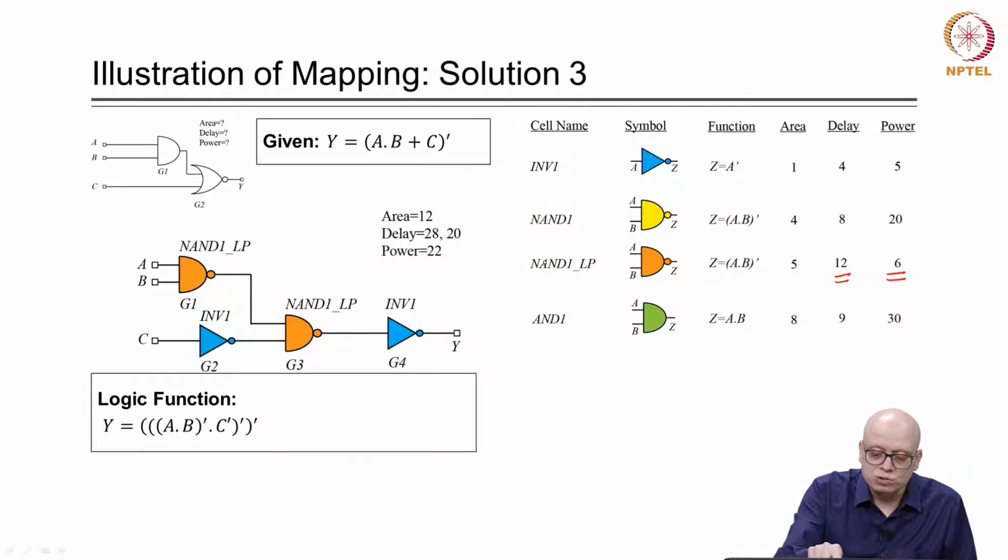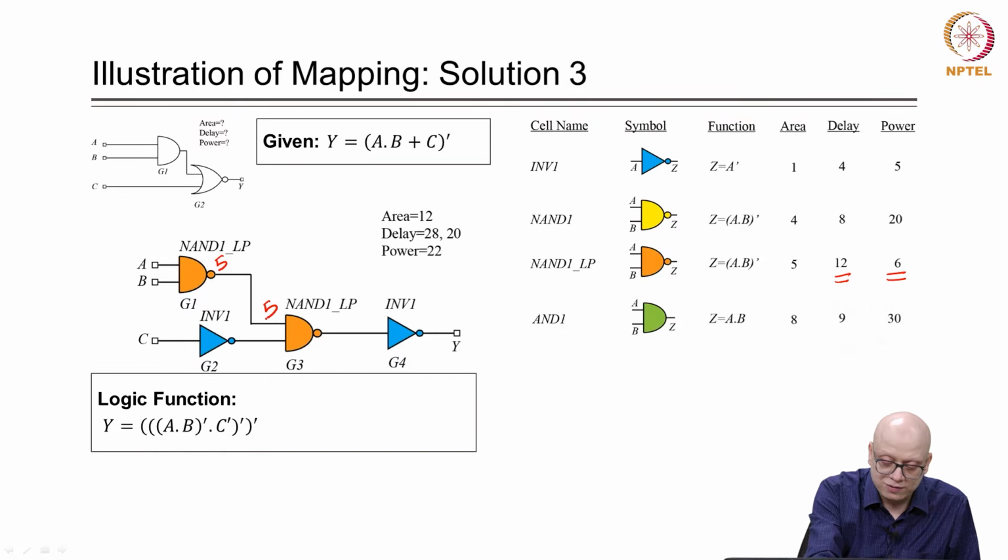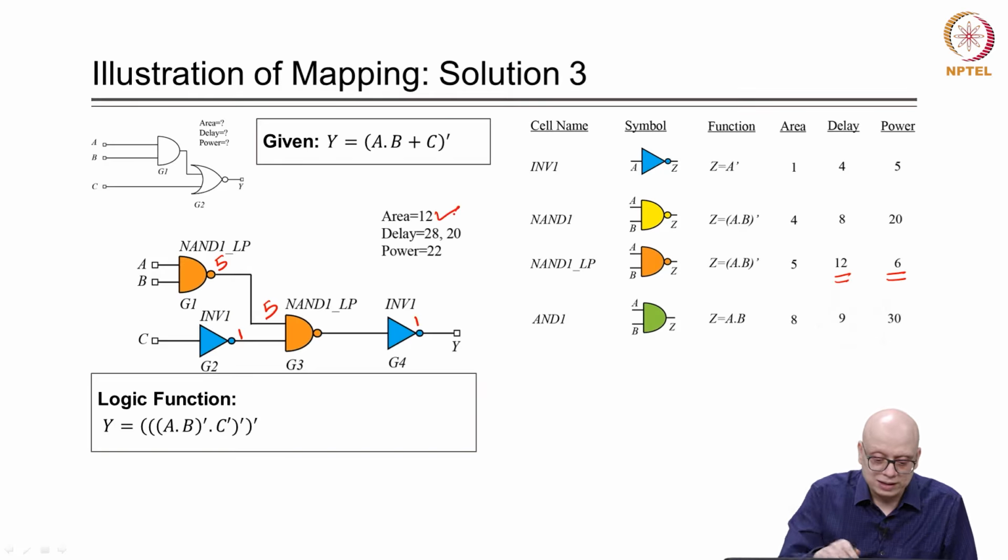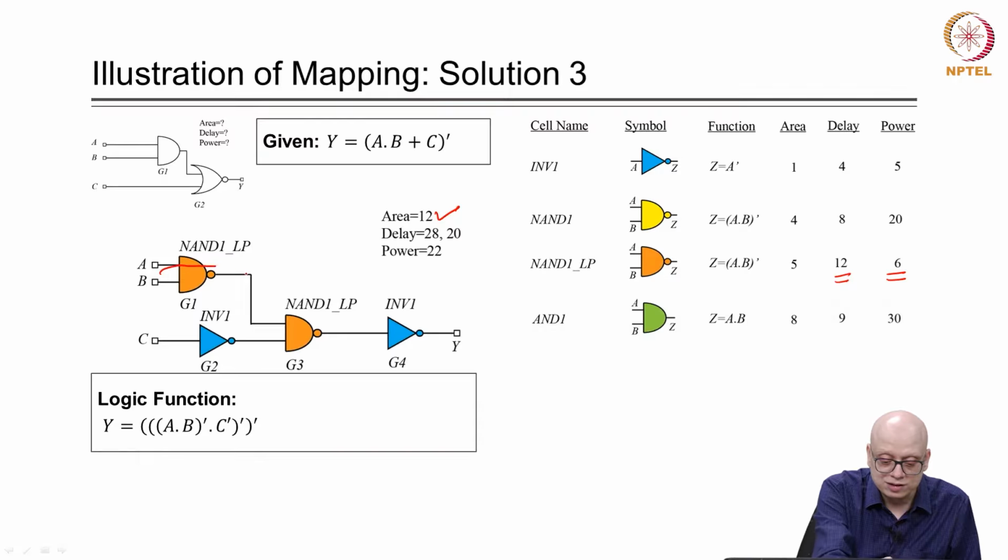But let us compute the PPA numbers for this mapped netlist. For NAND 1 LP the area is 5, and the inverter has an area of 1, so the area is 12. Now, what about the delay? The worst path, or the maximum delay, will be in this path.